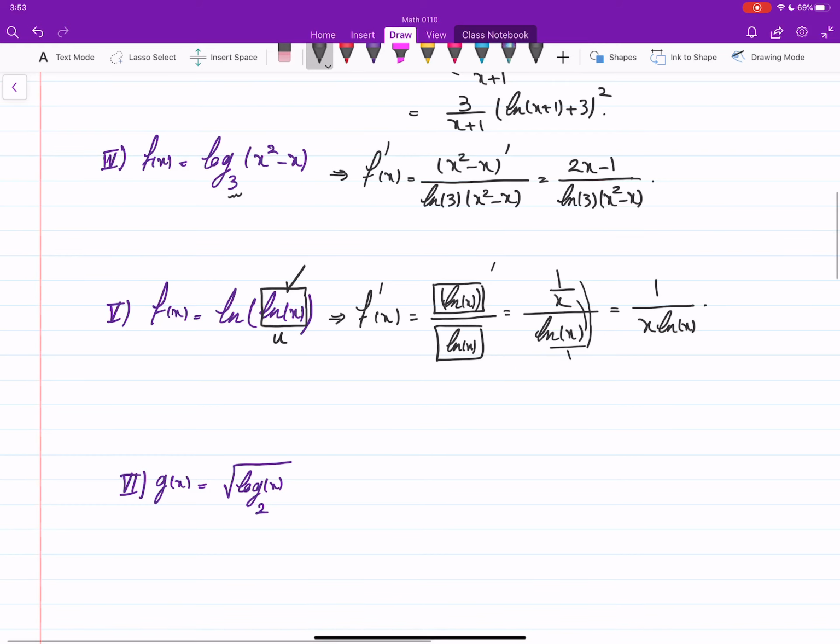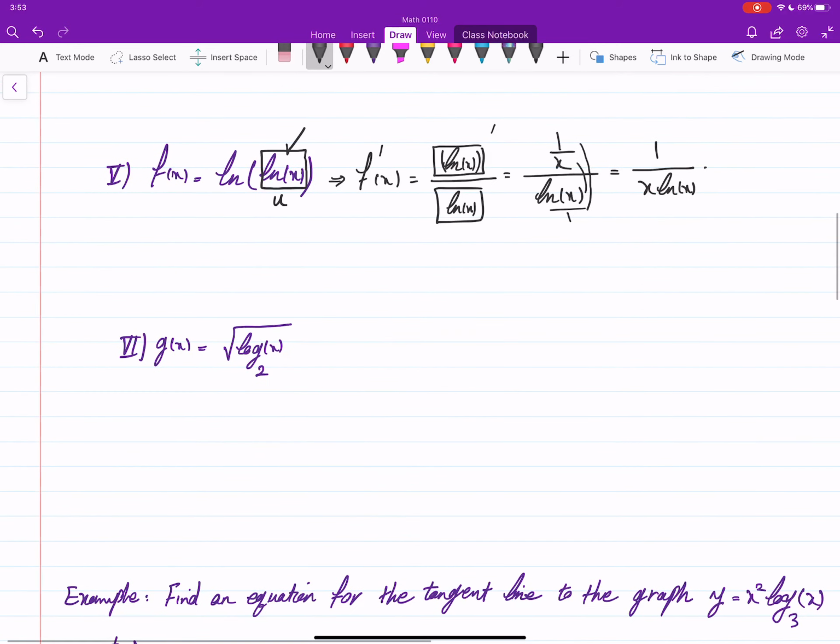This is a good one. How about the derivative of this guy? Well, let me first write the best way to see the derivative of the square root of a function. So it is log of x base 2 to the power half.